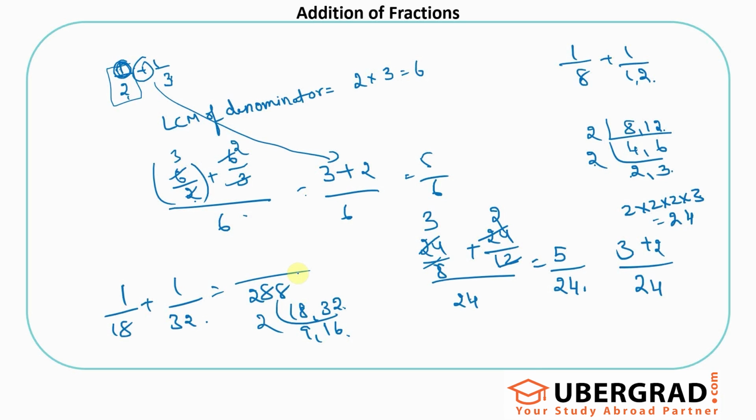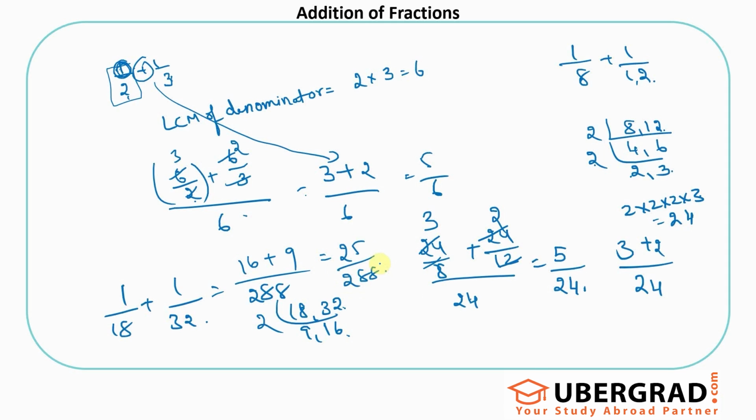Yeah, 288 would be the answer for this. Did I do it correctly? 18 into 16, 16 8s are 128 and 288. Perfect. And then 18 into 16 is 288, plus 32 into 9. So it will be 25 by 288 is the answer for it.